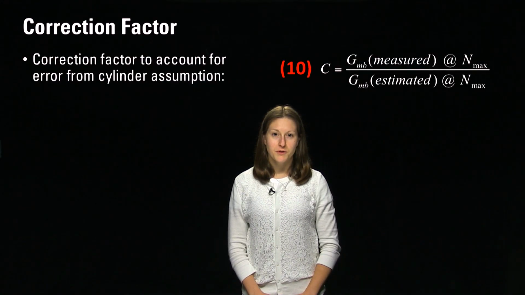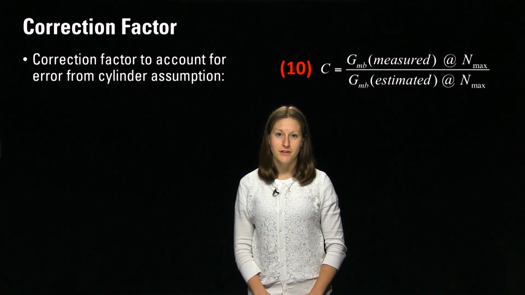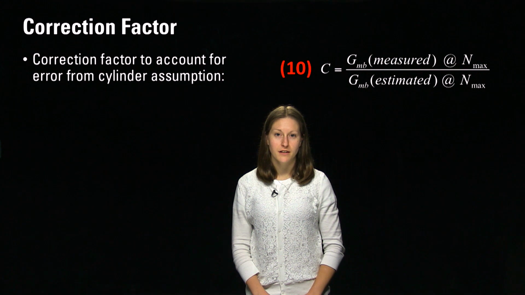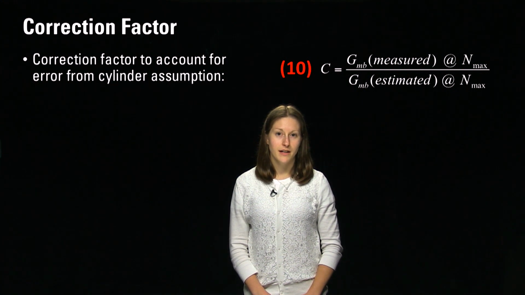Using the difference between our estimated and measured bulk specific gravities at N max, we will calculate a correction factor C using equation 10 that can be applied to correct our other estimates of specific gravity at N initial and N design, where we were not able to measure our actual specific gravity.